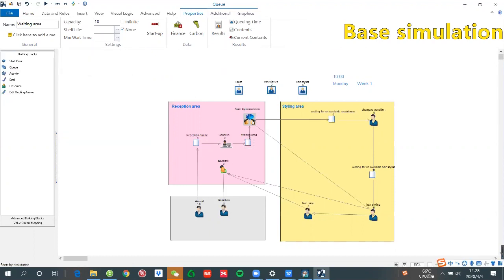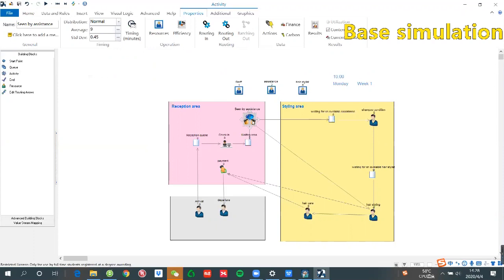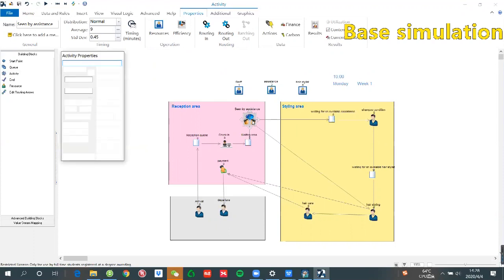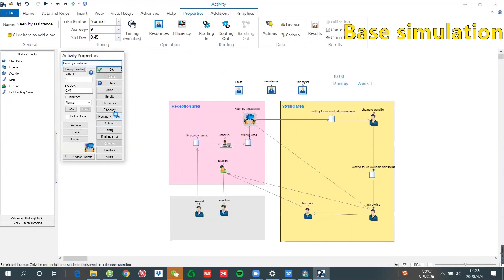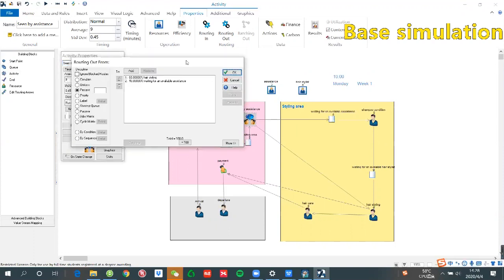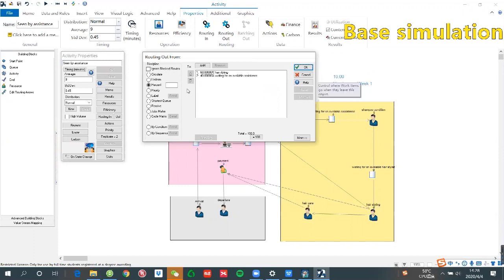And then the next stage is where customers decide whether to have a shampoo. We have calculated that 60% of customers want to go straight to hairstyling, and the other 40% want to wait for the shampoo to wash their hair.